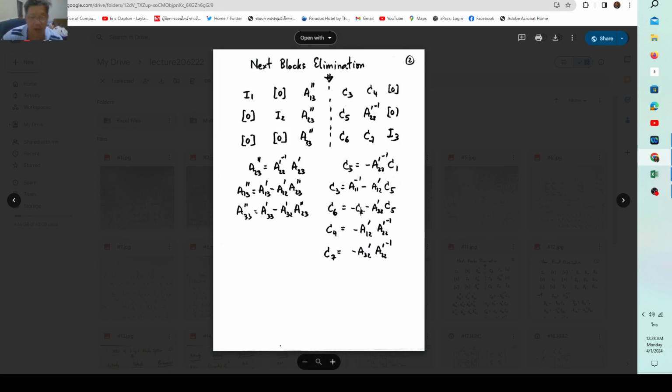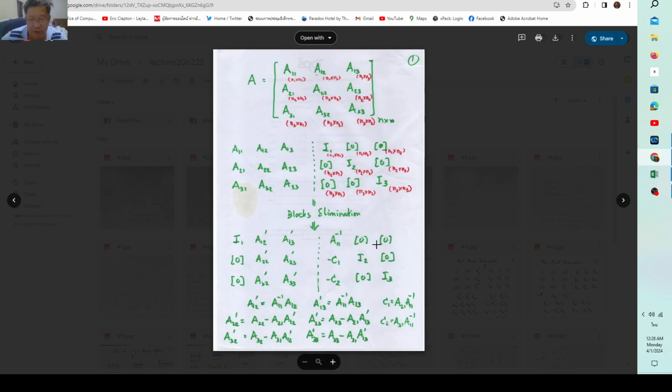So you get the minus value here. So this one is C sub 4. And then you know that this one becomes 0 because A12 times this is 0. The original value here is 0, right?